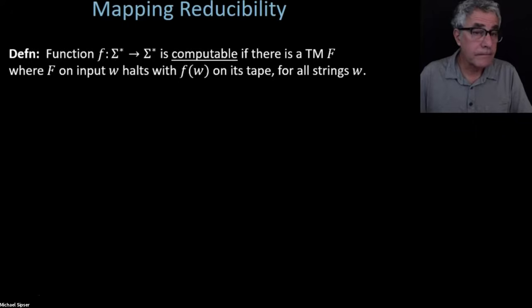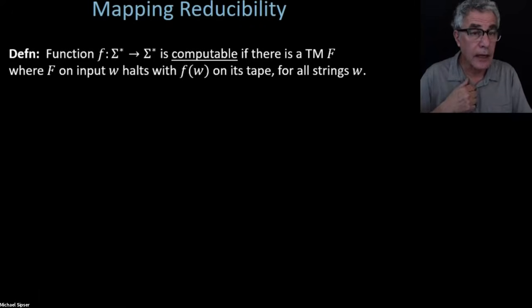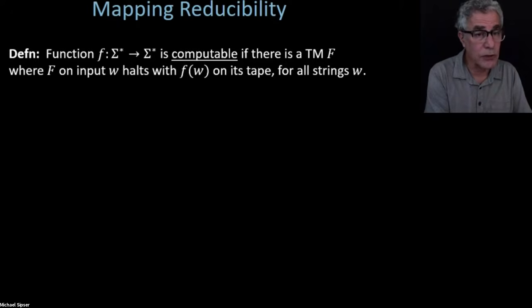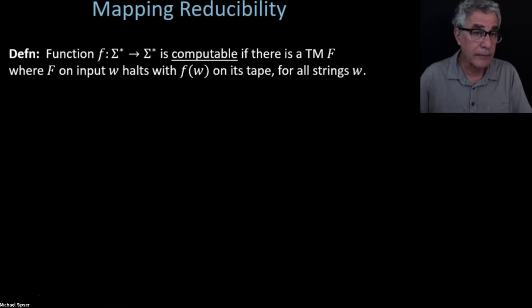It could be like the function which reverses the string, for example. That's one possible function, but there are, of course, zillions of possible functions here. We're going to talk about functions that you can compute with a Turing machine. That basically means you provide the input to the function as input to the Turing machine, and the value of the function comes out as the output. Let's just say it halts with the value of the function on the tape.